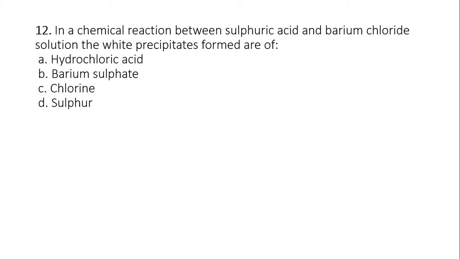The next question says, in a chemical reaction between sulfuric acid and barium chloride solution, the white precipitate formed is of hydrochloric acid, barium sulfate, chlorine or sulfur. We have done this question earlier also in the examples, but again we'll do it.